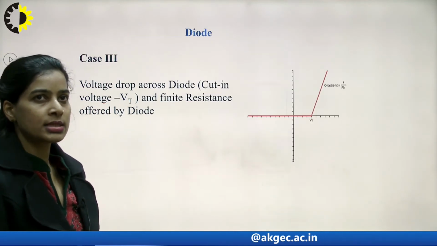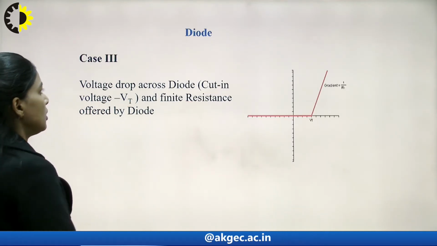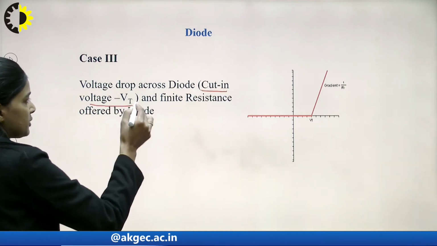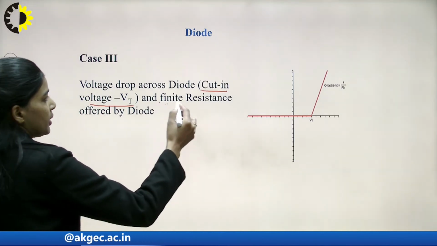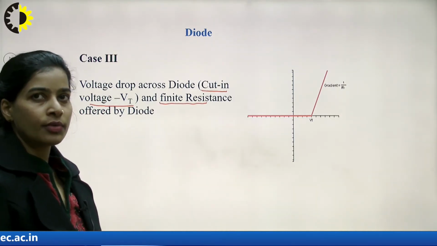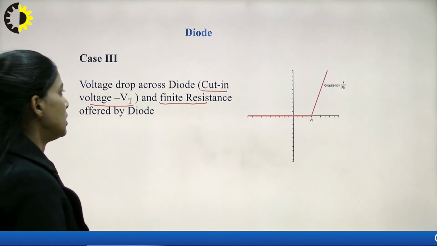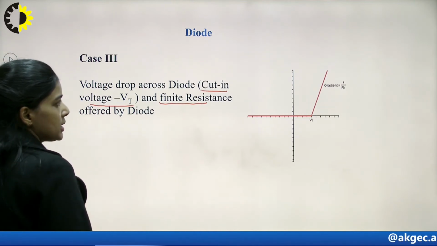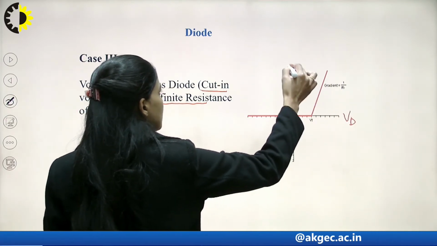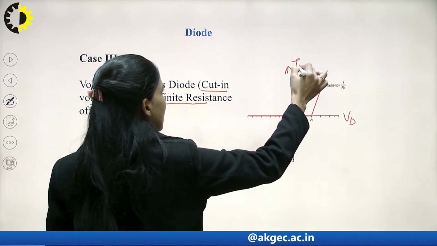The third case is one in which we consider some amount of cut-in voltage for the diode along with the finite resistance offered by the diode. So what will be the change in these characteristics? This is the diode voltage, and this is the diode current ID.